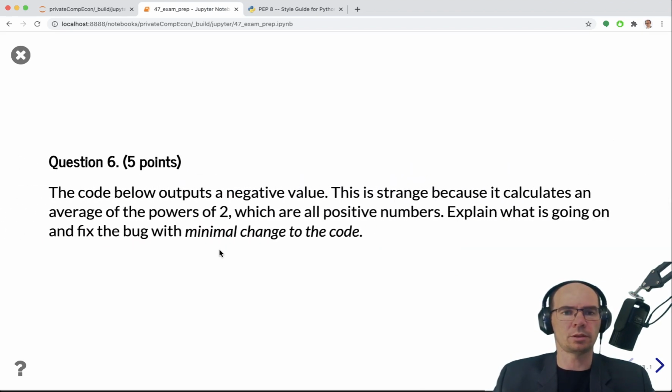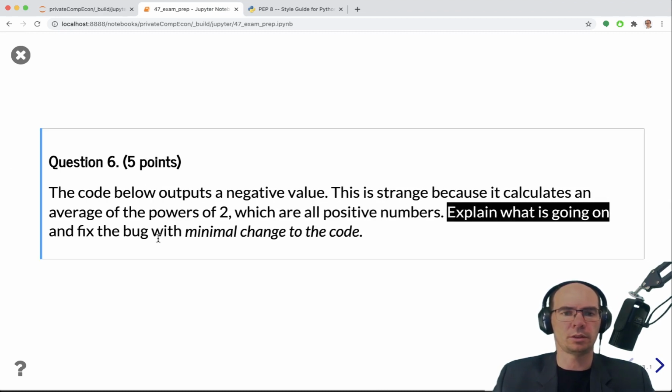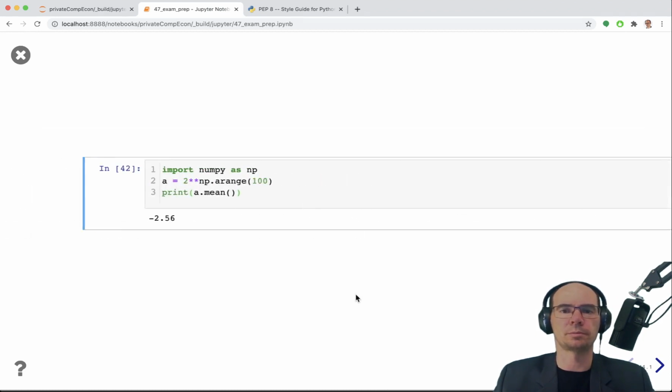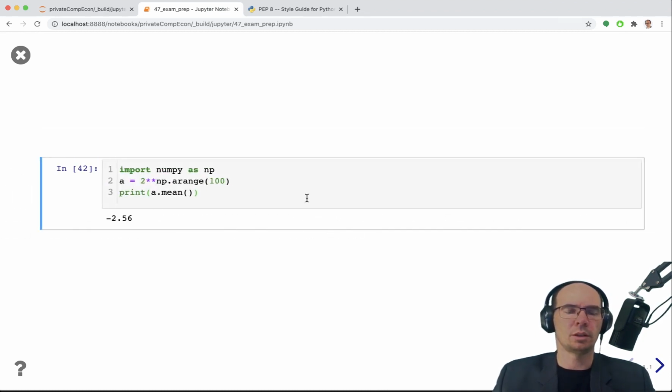Well, this is a 5 points question, and you have to explain what is going on and fix the bug with minimal change to the code. This is a really nice problem, so why don't you think about how this is solved on your own?